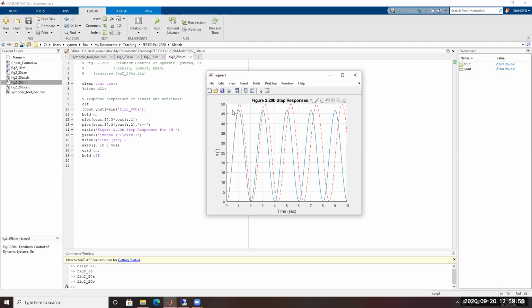You see the angle almost goes up to 50 degrees. That is to say, when the angle is too large, we cannot use theta to approximate sine theta. In this case, we have to modify the linear model to make it a good approximation for the nonlinear model.